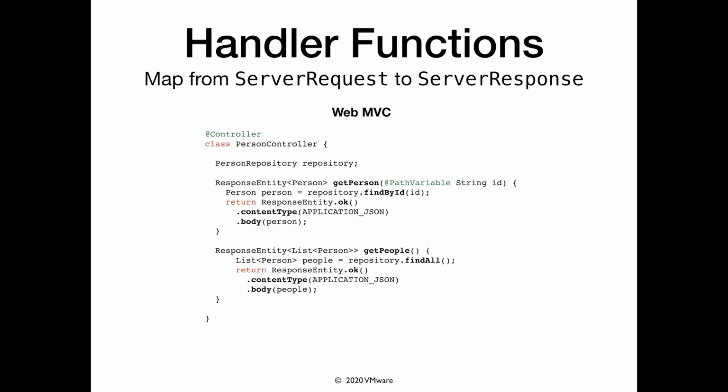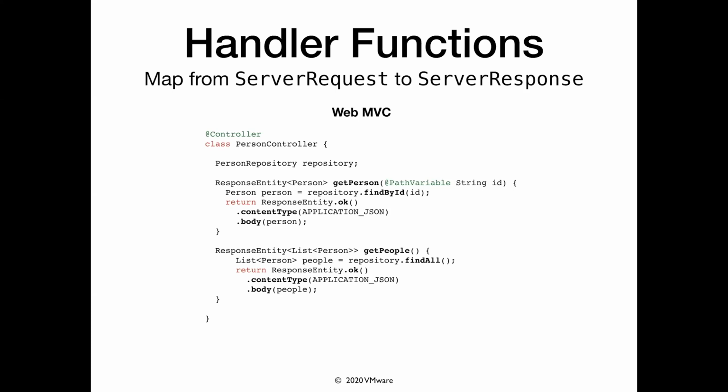I want to marshal this, or serialize this, to JSON, and make the body contain the person that I just looked up. Then we have another method called getPeople, where we look up all the people in the repository, and we do a similar thing as before.